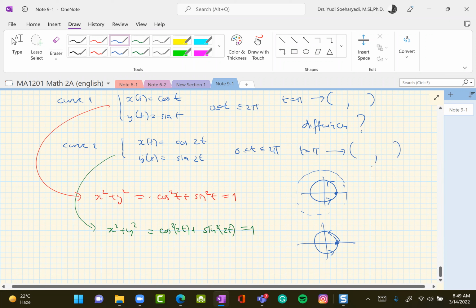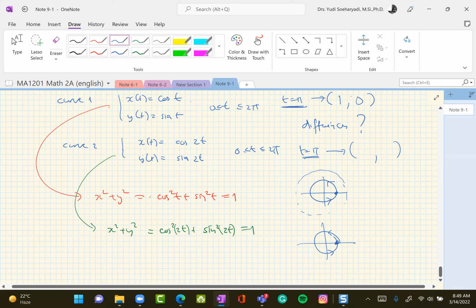One is pi and the other one is 2 pi, sir. What's 2 pi? As for t equals pi, what is your position here according to this one? What is x? What is y? Is it 1 and 0, sir? 1, 0.